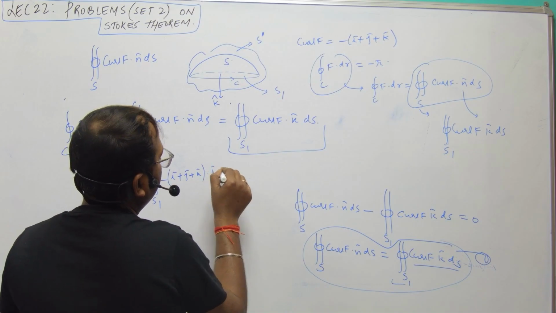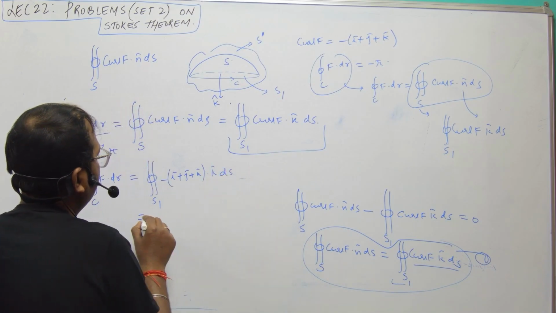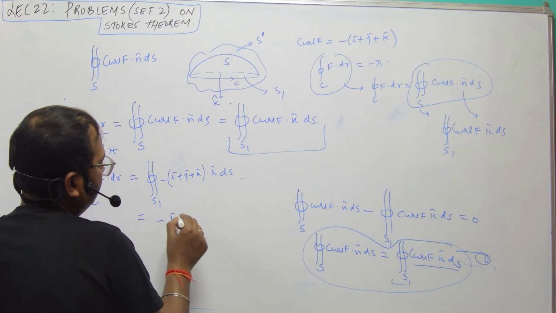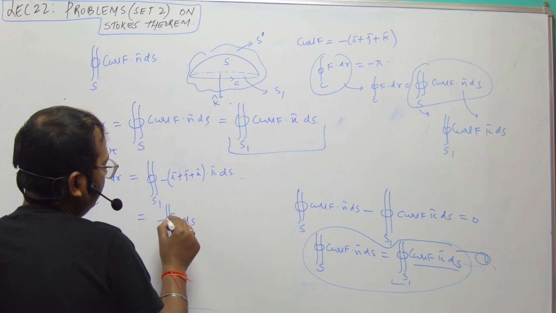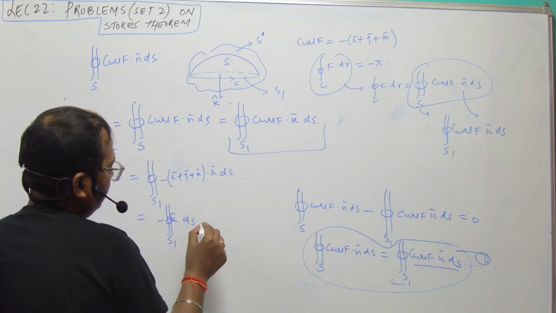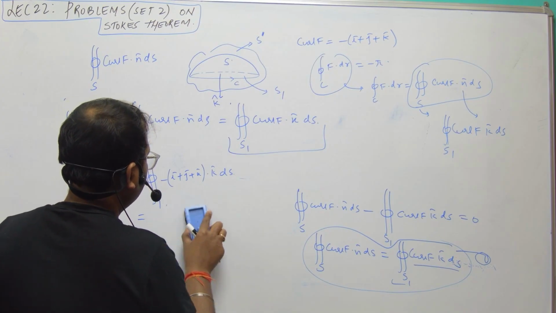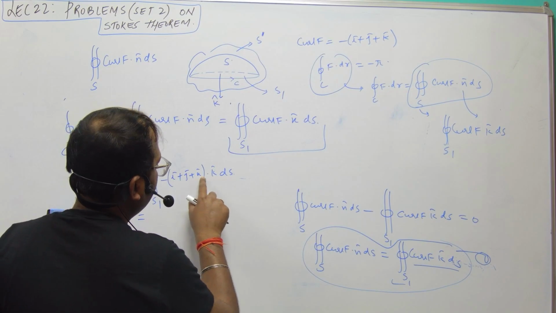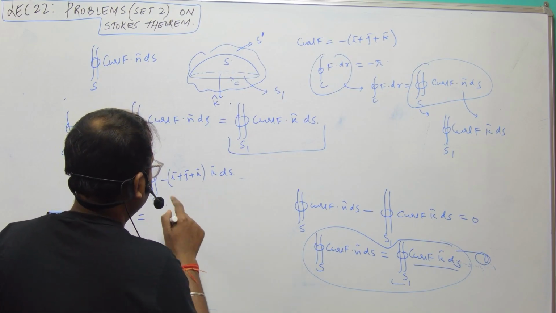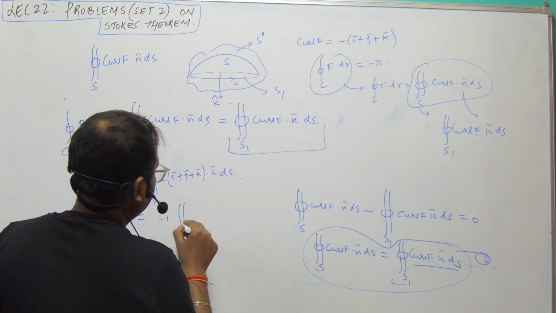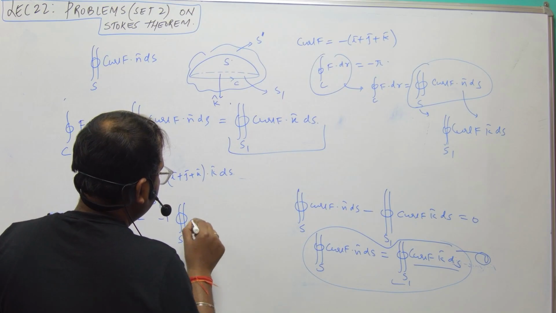Dot k cap ds. So this is minus k cap dot k cap ds along the surface S1. This is a dot product, so k cap dot k cap is 1, and the minus is there. So this is minus 1, along the surface S1, ds.